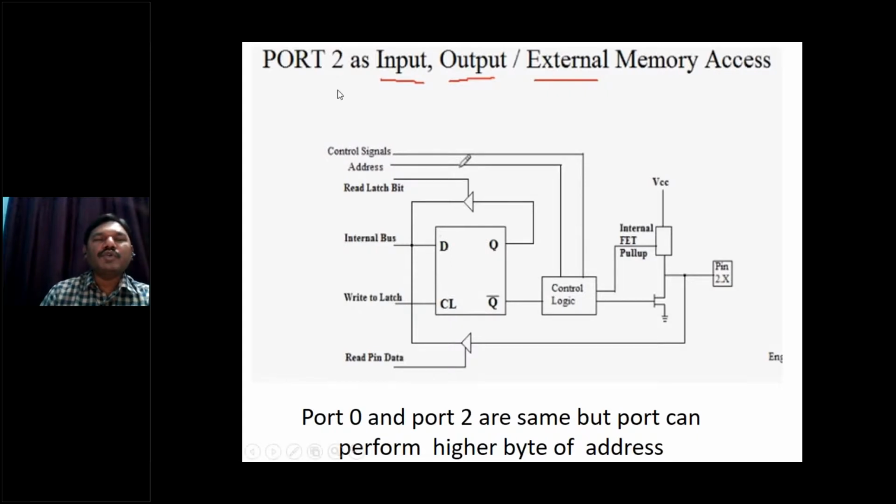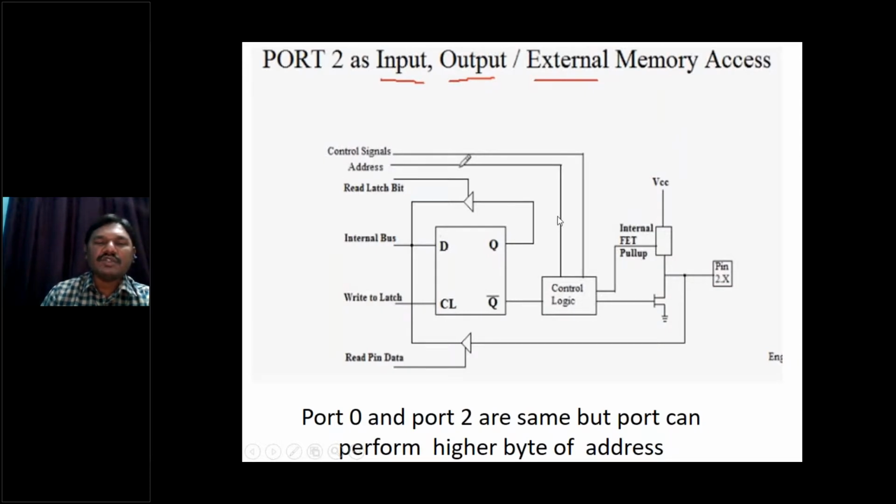See, port 2 has input port, output port, and external memory access. This port 2 is the same as port 0, but the difference is that port 0 has both address and data bus lines, whereas in the case of port 2 we have only the higher byte of address, so only the address bus here, and this is the 2 by 1 bus.